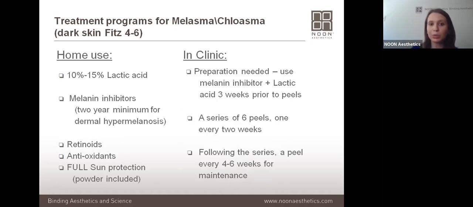And next one will be the program for the darker skin, for the 4 to 6 Fitzpatrick. It's pretty much the same, but it's important for me to emphasize the differences. So in clinic, we will really need a preparation for melanin inhibitors and alpha-hydroxy acid, which are lactic acids, 3 weeks prior to the peels.